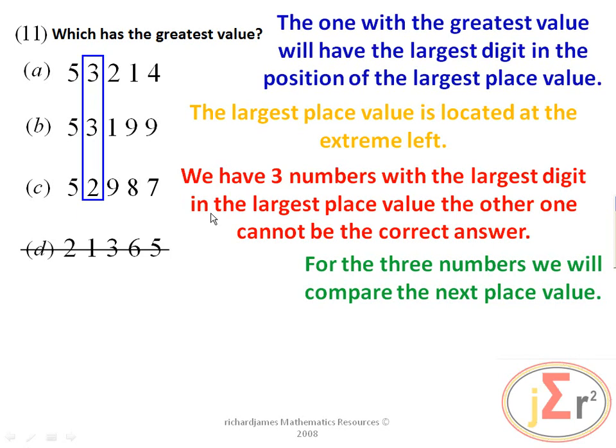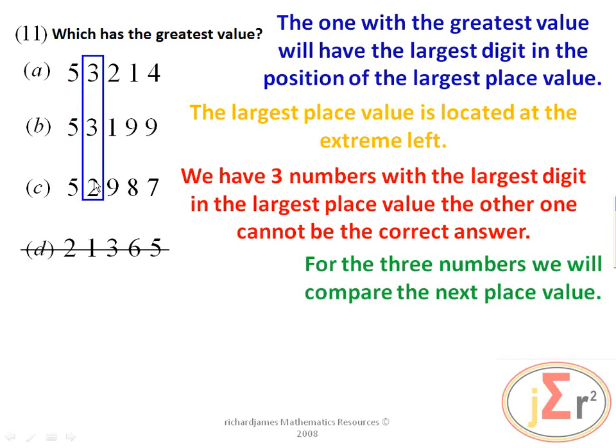So we are sure that this one cannot be the largest because in the red it's a 2. So the one we are comparing at this present moment is the second most significant place value. This one is the most significant and this one is next in line in significance.